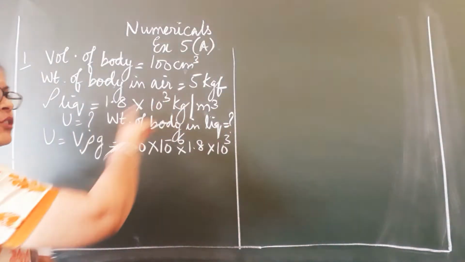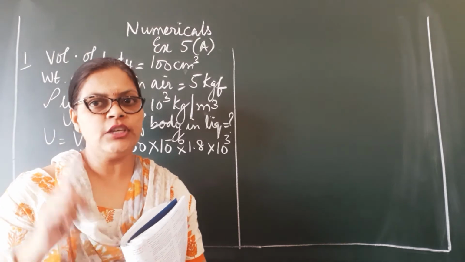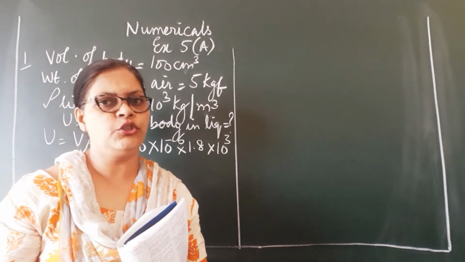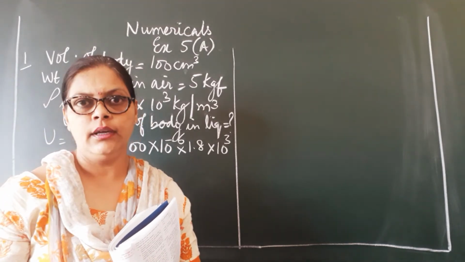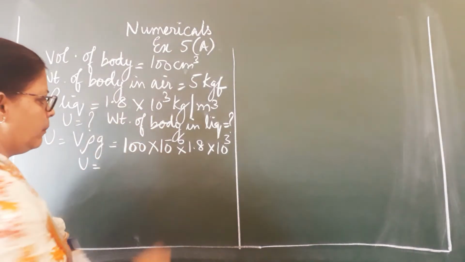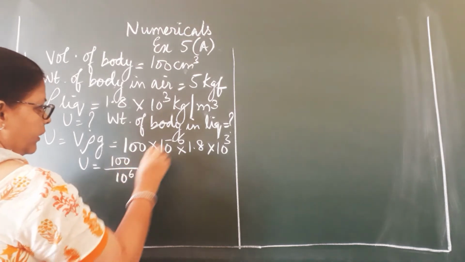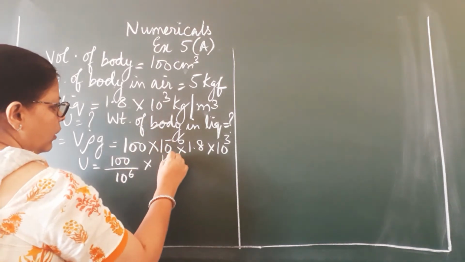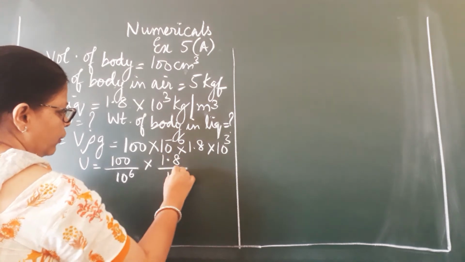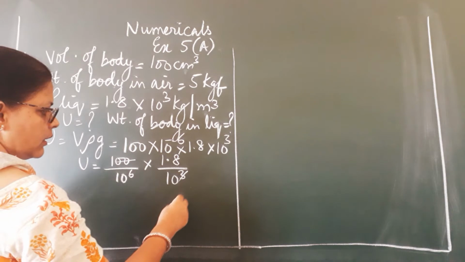The value of g is not given. In these questions, if the value of g is not given, you will not substitute the value. In fact, you will just get the value of upthrust. When you multiply, what you can do is 100 upon 10 to the power 6, you can bring it down into 1.8 upon 10 to the power 3. Okay, these two zeros cancel with this.